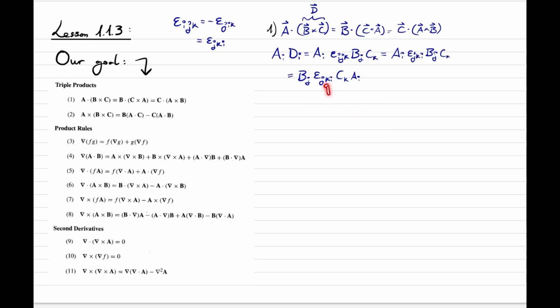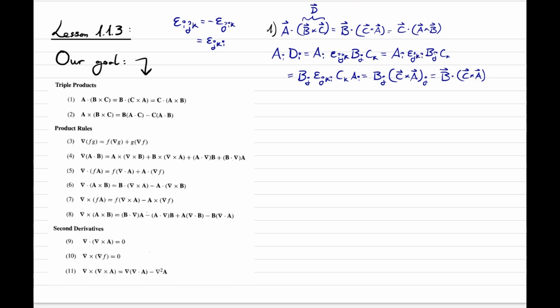So here we have the second index with the first vector, the third index with the second vector, and the free index here. So this is just B_j and the jth component of the cross product C with A, and this is just the dot product of B with C cross A. Okay, so we have proved the middle one.